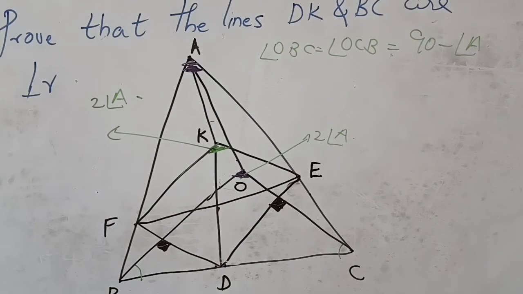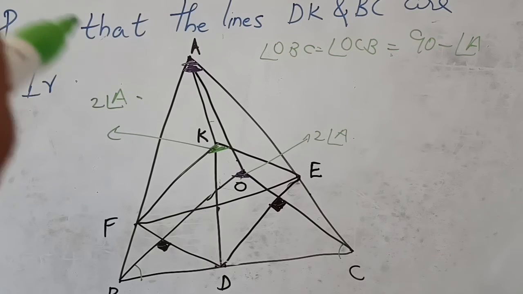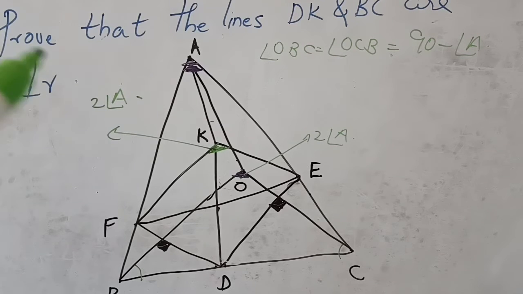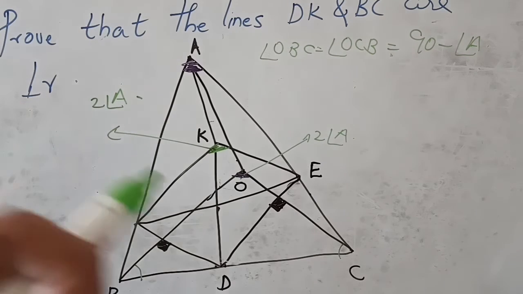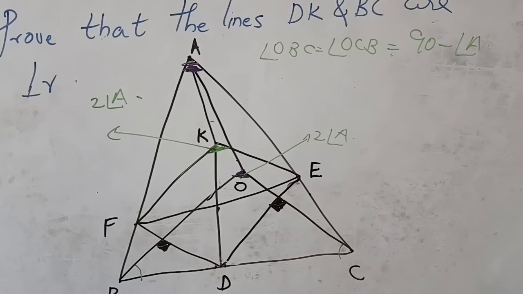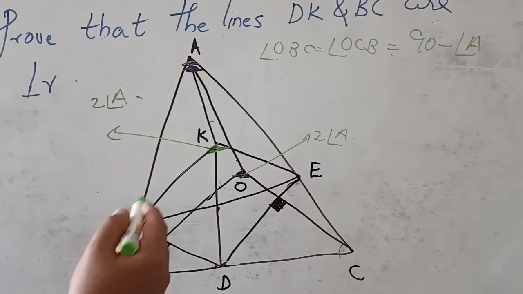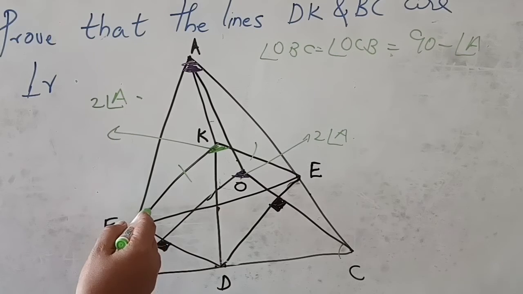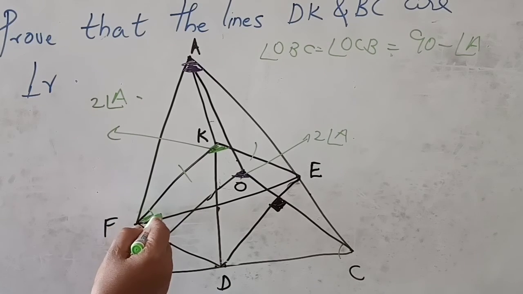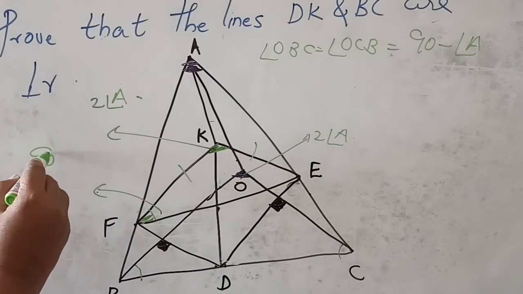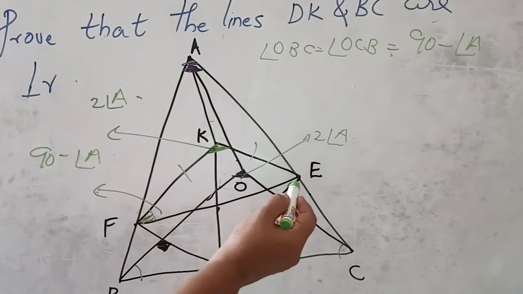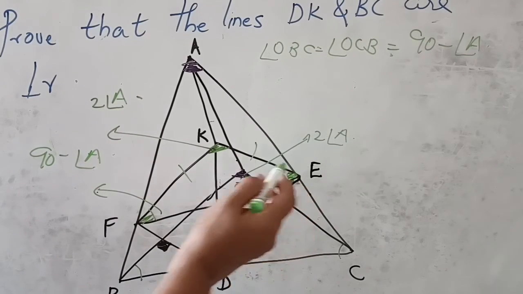Now in the same triangle, I also know that KF is equal to KE because they form the distance from the circumcenter to the vertices of the triangle. So KF is equal to KA is equal to KE. So since these two sides are equal, I can say that the base angles are equal. So this also gives me 90 minus A. And this also gives me 90 minus A.